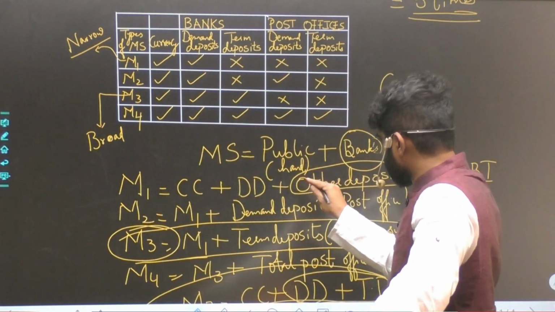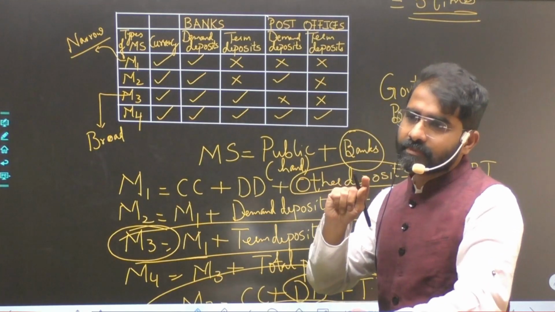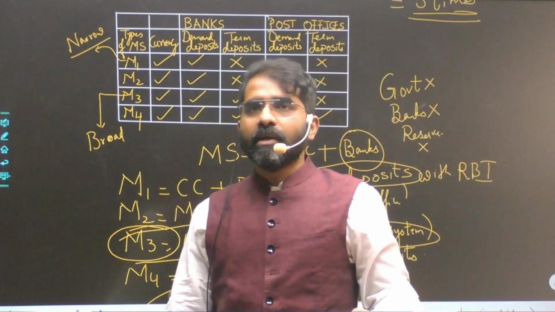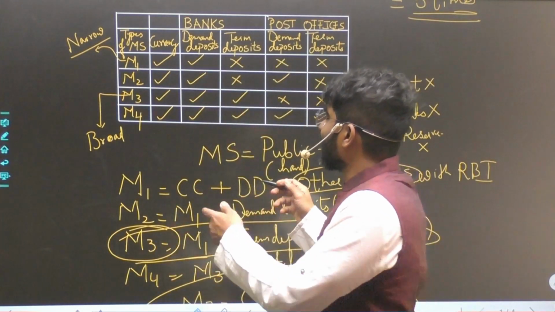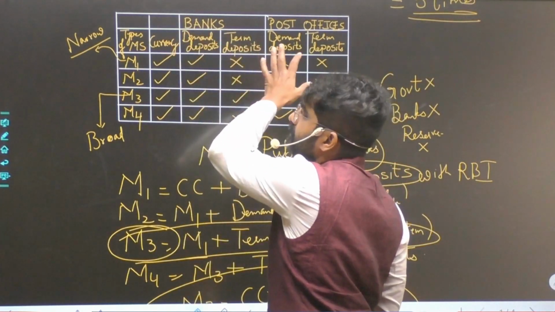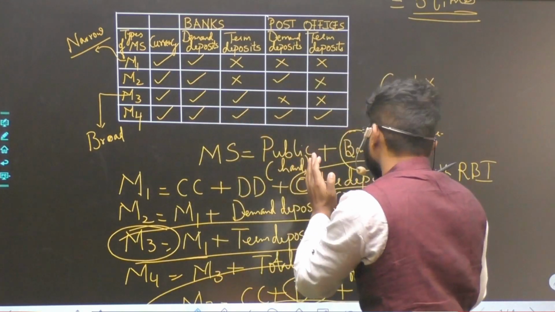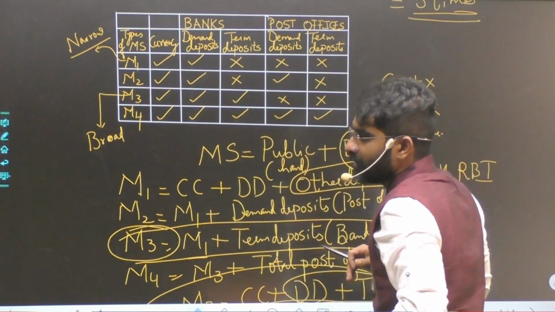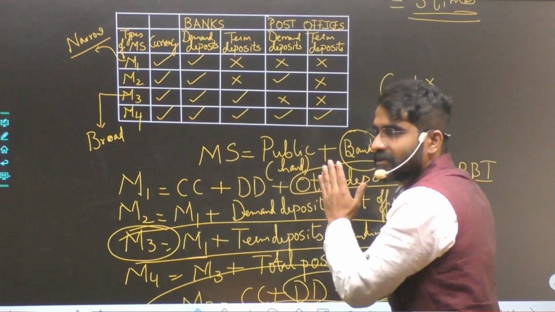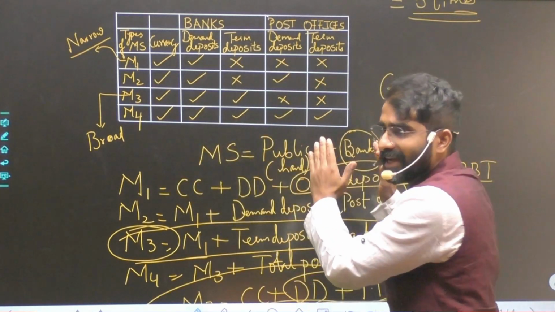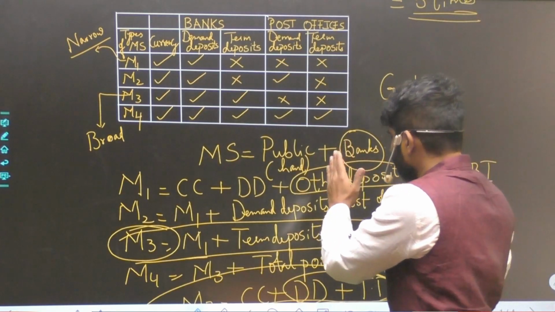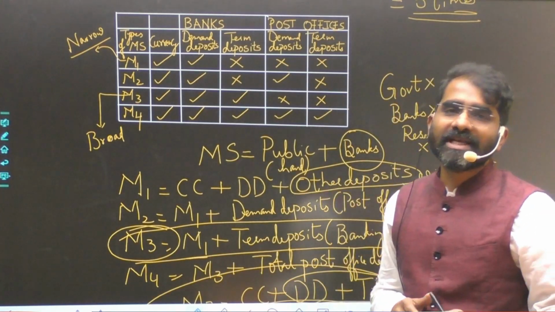These other deposits also should be liquid. This other deposit component is very limited, and that is the reason they generally write the formula as CC plus DD, without mentioning other deposits. But if it is mentioned, don't get confused that it is bank's deposits. How can a bank deposit become part of money supply? These are other deposits with RBI, and these are also liquid deposits.